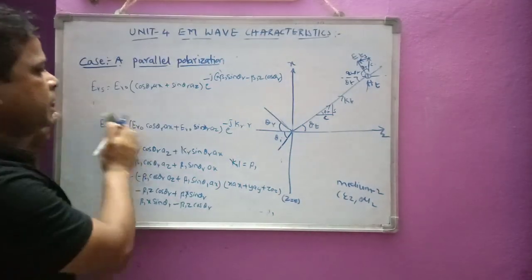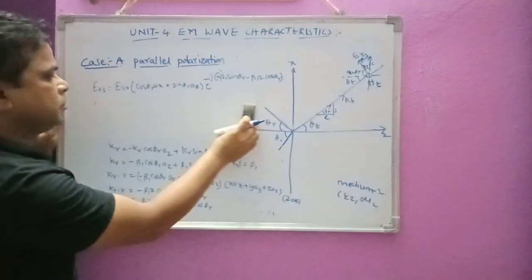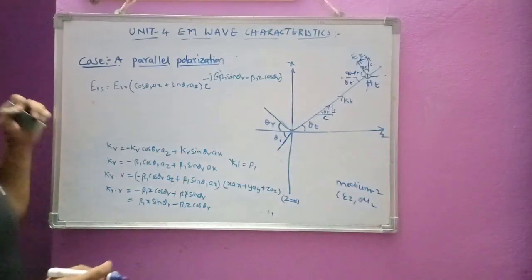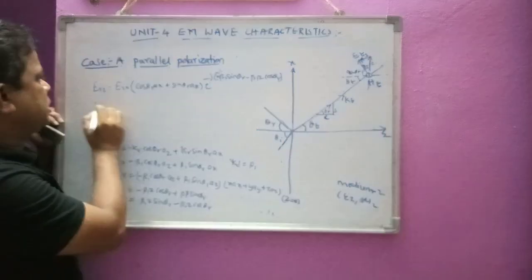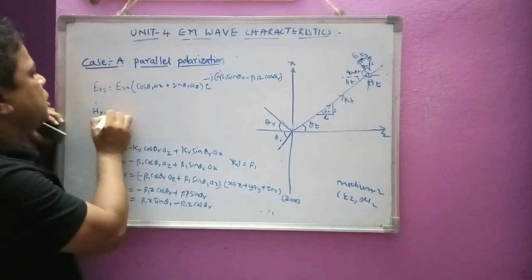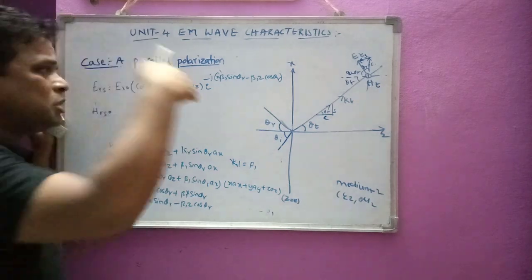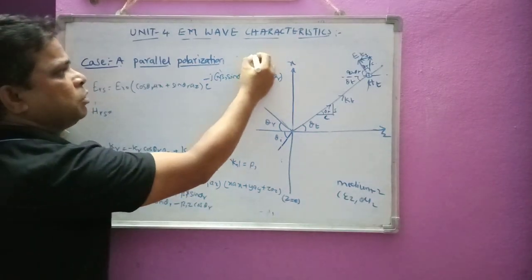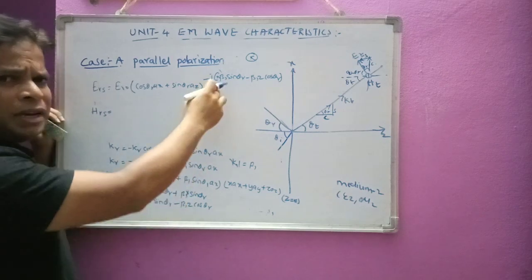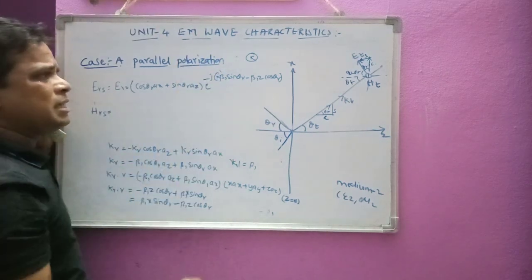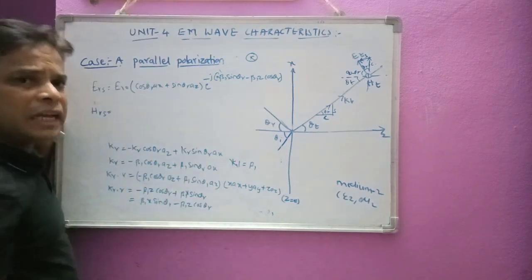And similarly I can write for the magnetic field. Now I can write it easily, because the H_Rs equation I can write blindly, since it is going inside. We have marked it in the diagram, which I have erased. It is entering inside, that is, it is going into the negative y axis.